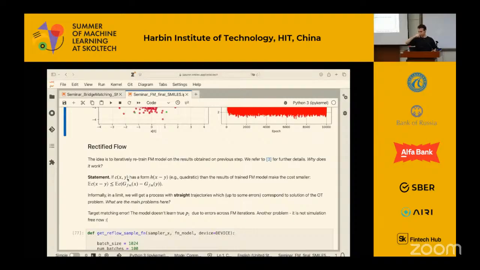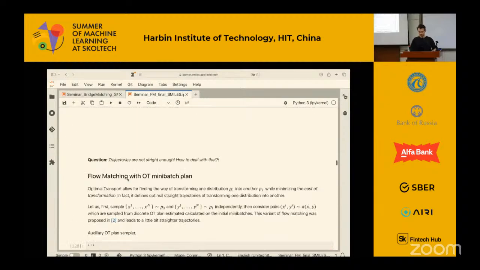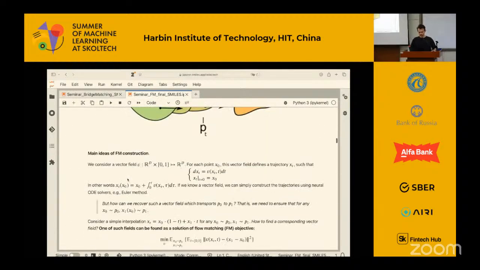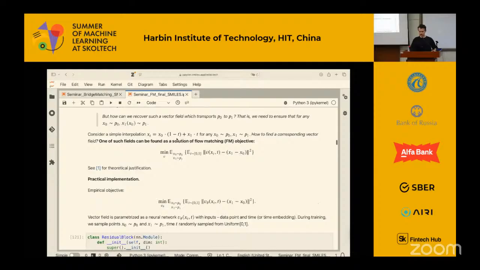And the shorter path in L2 geometry is what? It's a line, just like we use for the starting interpolation right here. So at the end, if we perform flow matching many times, one flow matching on top of another flow matching, we will get this straight trajectory.